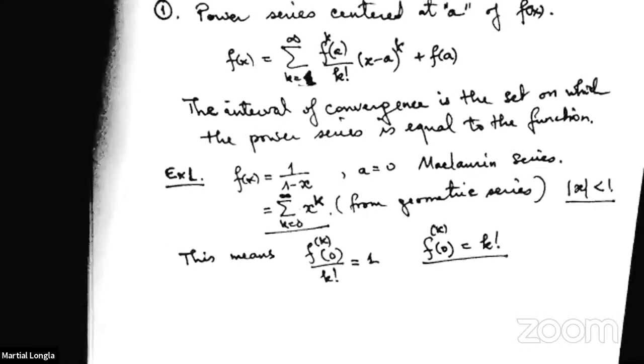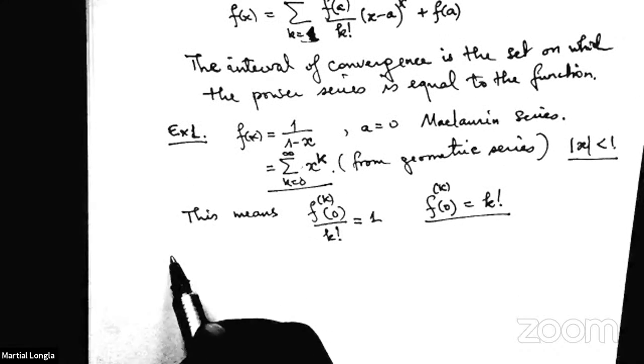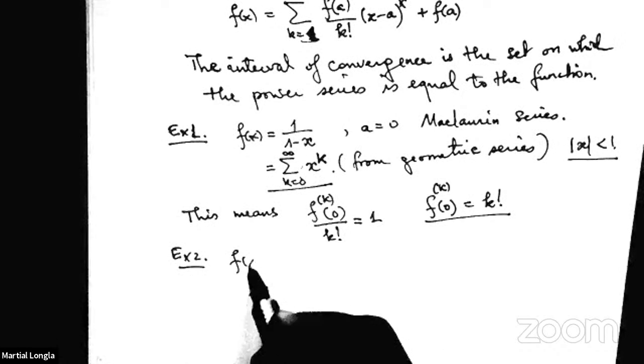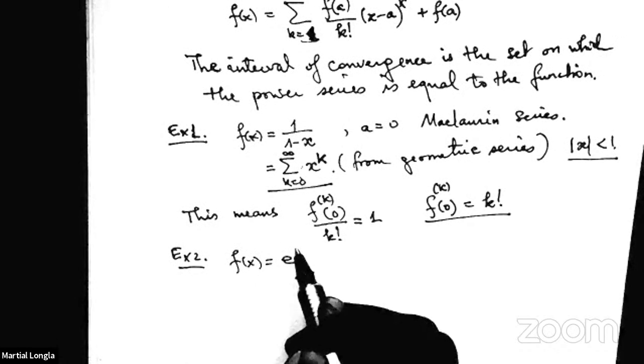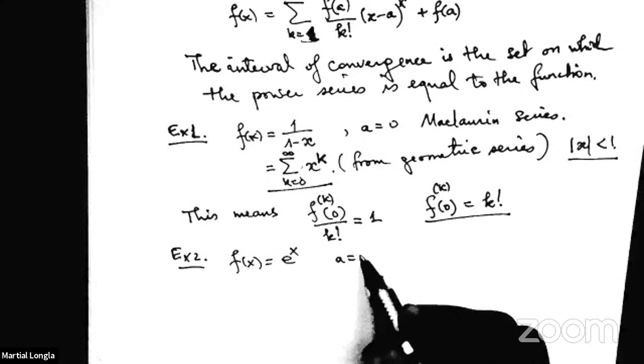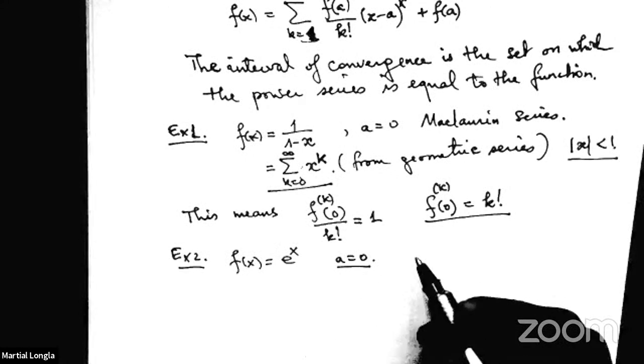So let's say number 2. Let's say we get f of x equals e to the x, and we take a equals 0 also. This is also the Maclaurin series.